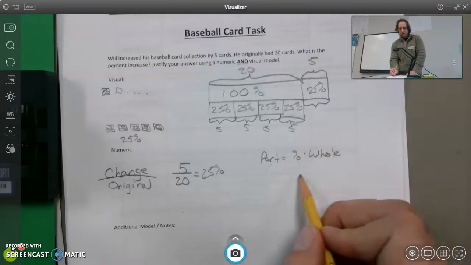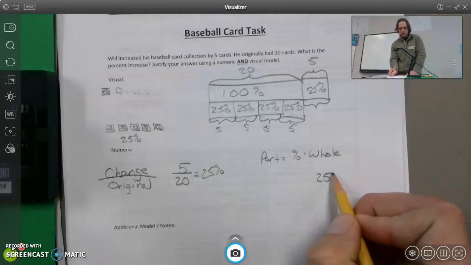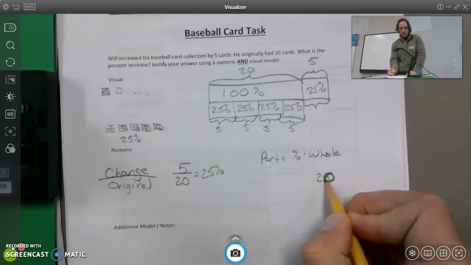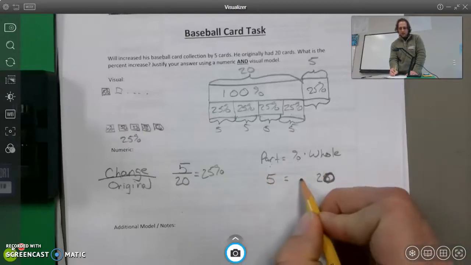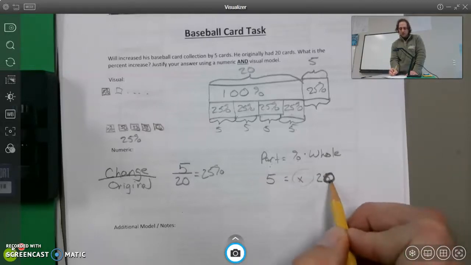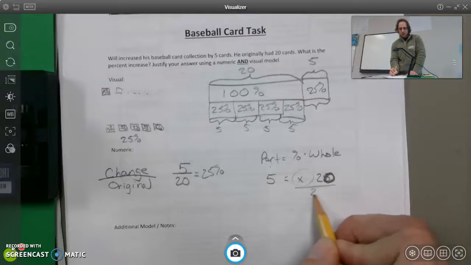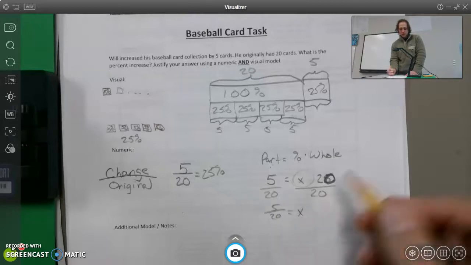His whole card collection was, excuse me, 20 cards. He had 20 cards. He's adding 5 cards. That is what percent of 20? Well, we would just divide both sides by 20. 5 over 20 is equal to X, and that's 25%.